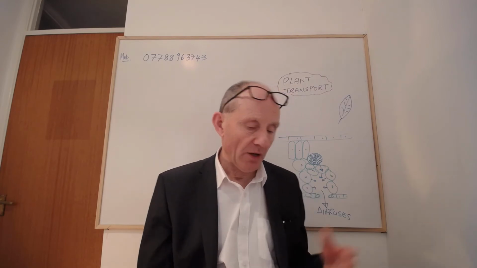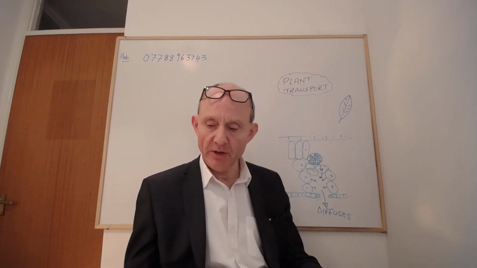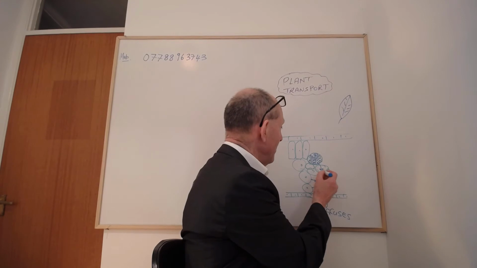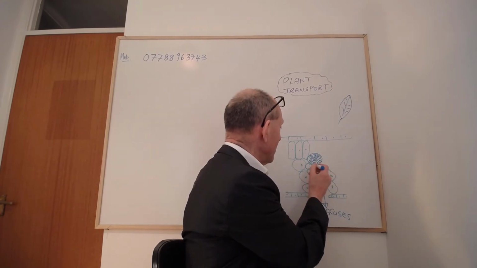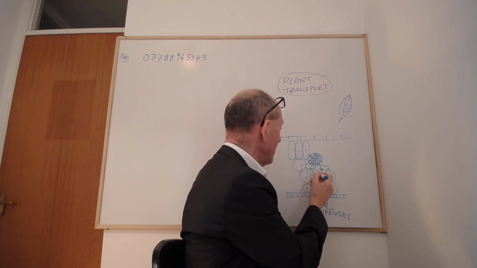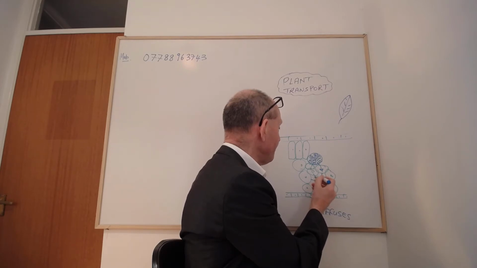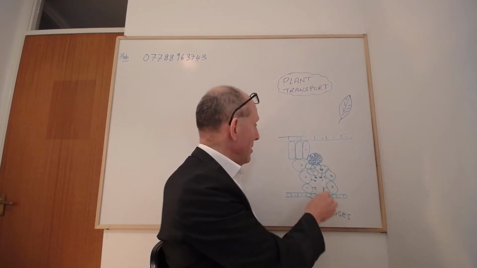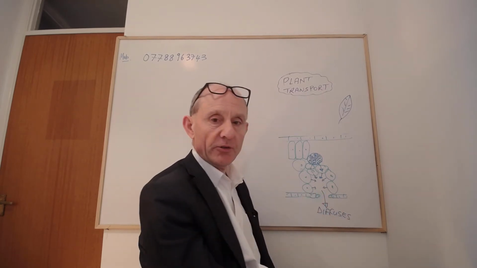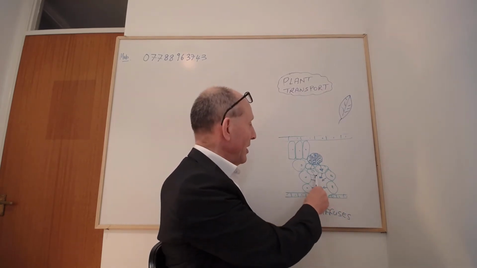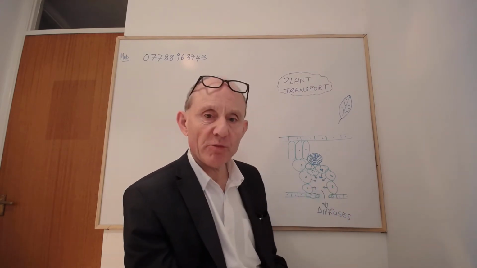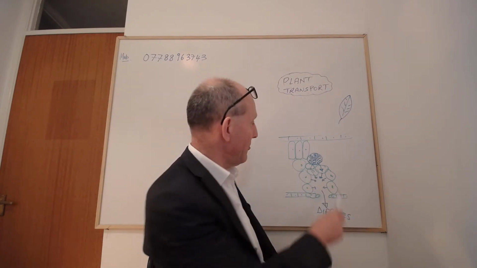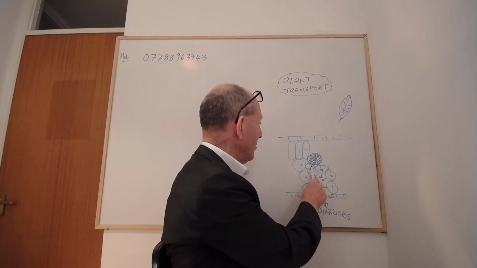Now, the thing about these cohesive forces is this: if you follow some water molecules traveling through these cells and then evaporating, you can say something like, as a water molecule evaporates off the surface of a spongy mesophyll cell, it pulls the next molecule behind it along, as if the water molecules form a long chain.